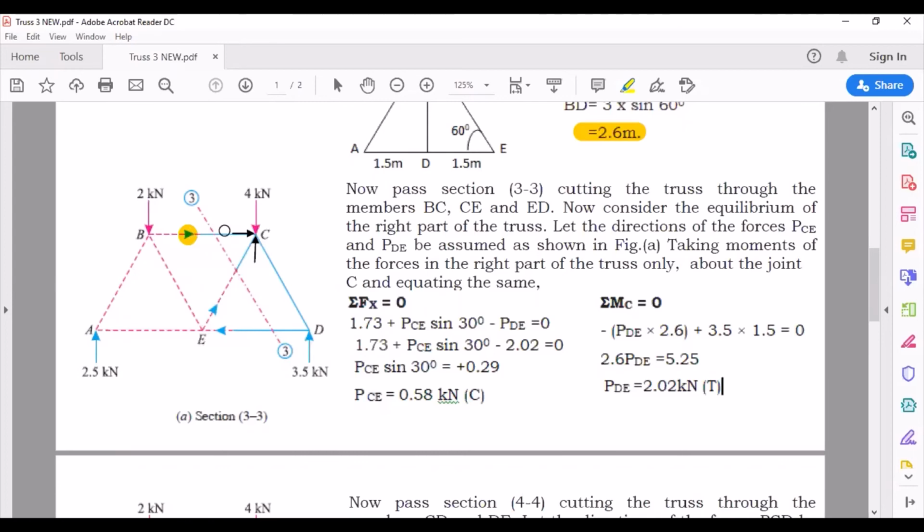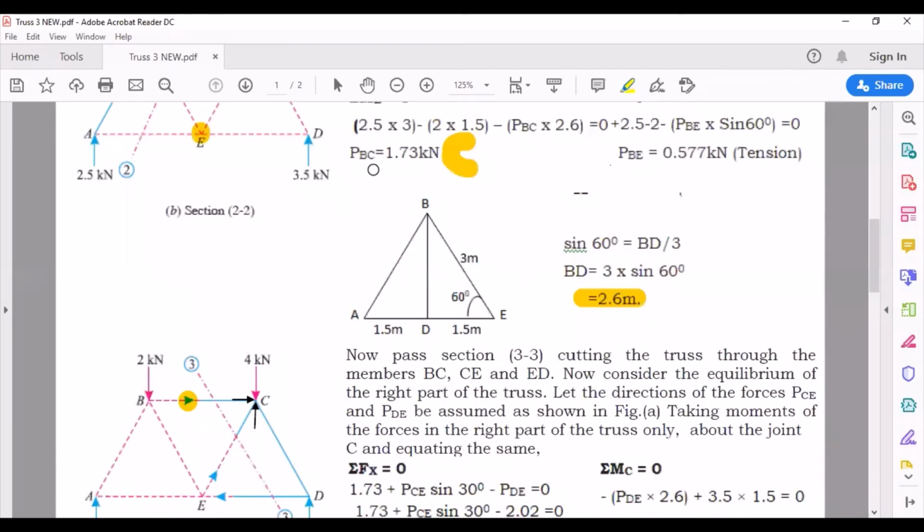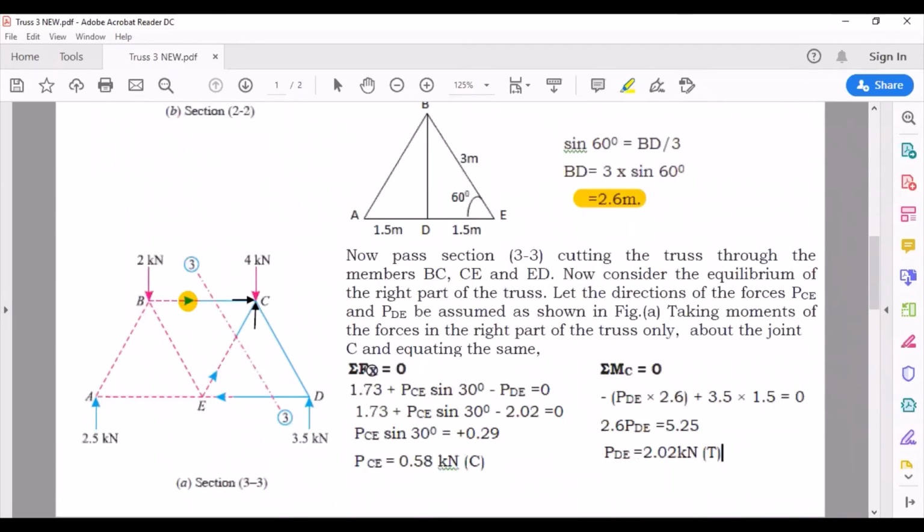So you're going to concentrate only on these three members, as I told you, 1, 2, and 3, because these are the three members where the section is being cut. The first one, member force BC, is moving to the right, and the value of BC is 1.73. So it is plus 1.73.